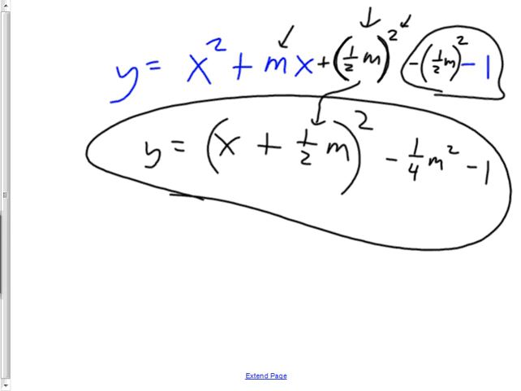Okay, so let's move on to some more. This one would be like the hardest of them all. See if we can handle this one. y equals 3x squared minus 9x plus 2. Why is it so hard? Because you're going to factor out a number, and then you're going to have a fraction also.